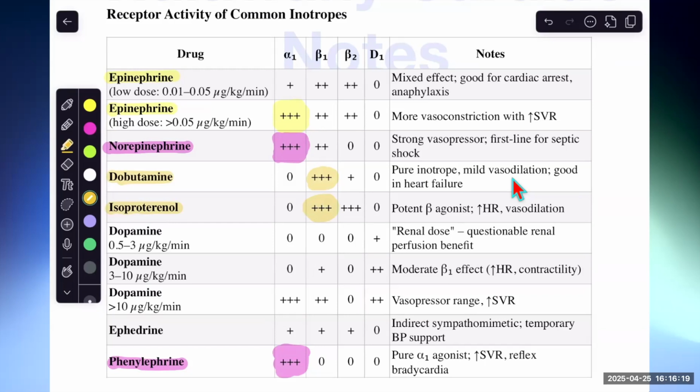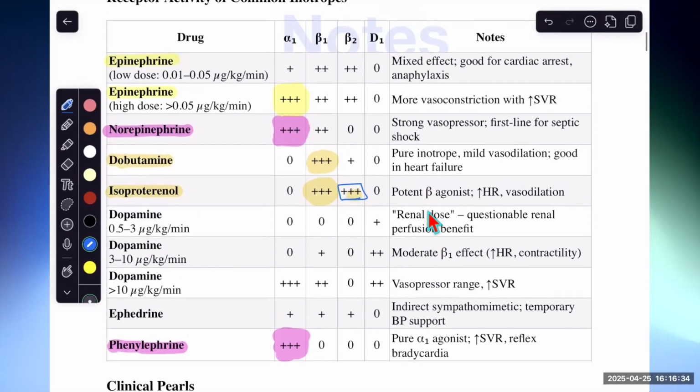As you see, it has a good inotropic effect, but its effect on the heart rate is very prominent. Clear so far? Fine. Usually we combine these together because they are both good beta agonists, but isoprenaline has a potent effect on the heart rate that we don't have that much with dobutamine.